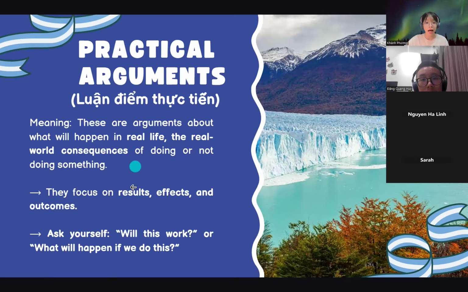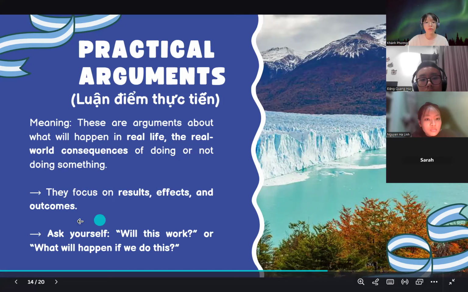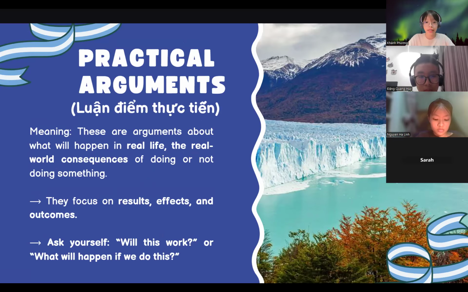So these types of arguments focus on results, effects, and outcomes. And you will ask yourself, will this work? Or what will happen if we do this? For example, I remember he has two values. His first one is children's well-being.